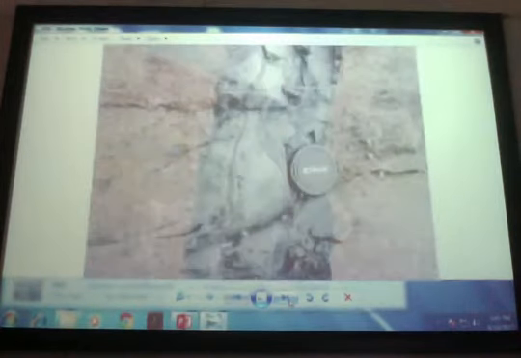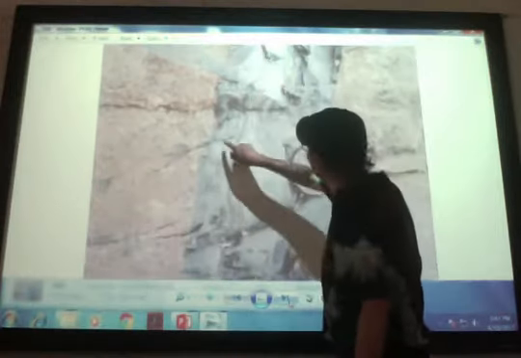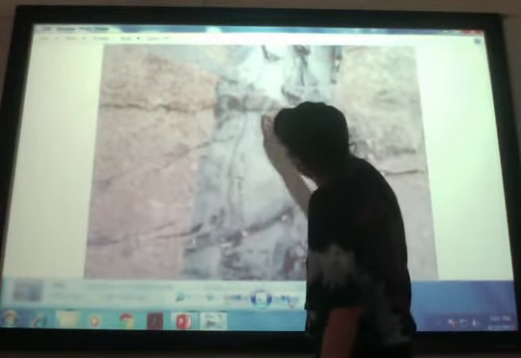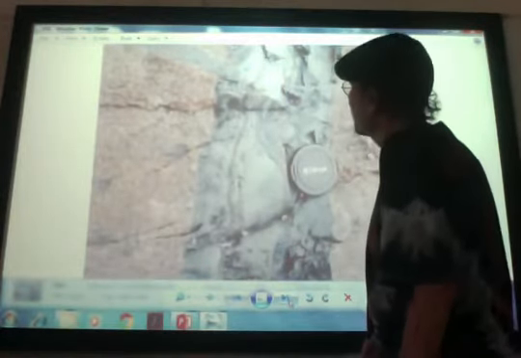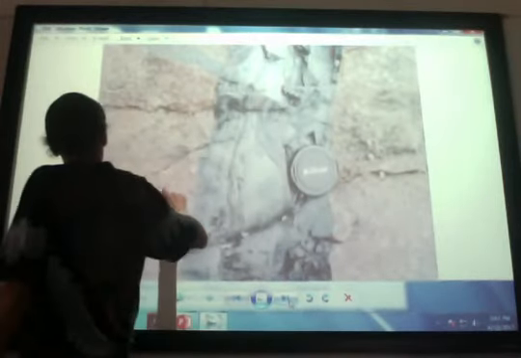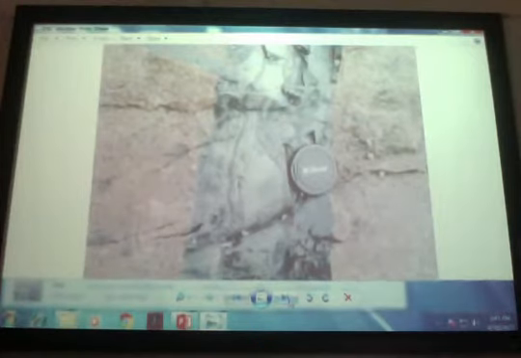And here we have just a late channel. You can still see the flow textures here. And this channel is just cross-cutting the surrounding rock types. And if you look at this surrounding rock type with the pinkish mineral, then what is this?